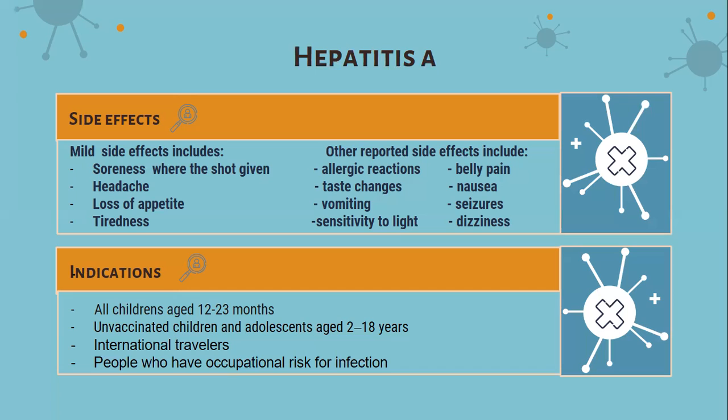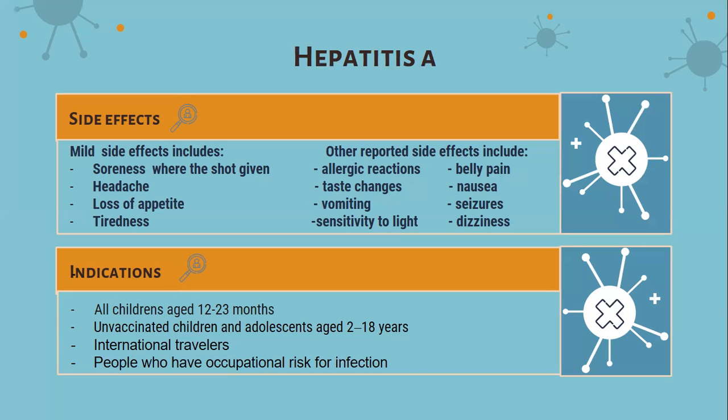So these are the possible side effects you can get if you have been injected with this hepatitis A vaccine. And lastly, the indications. All children aged 12 to 23 months should be immunized with the hepatitis A vaccine.